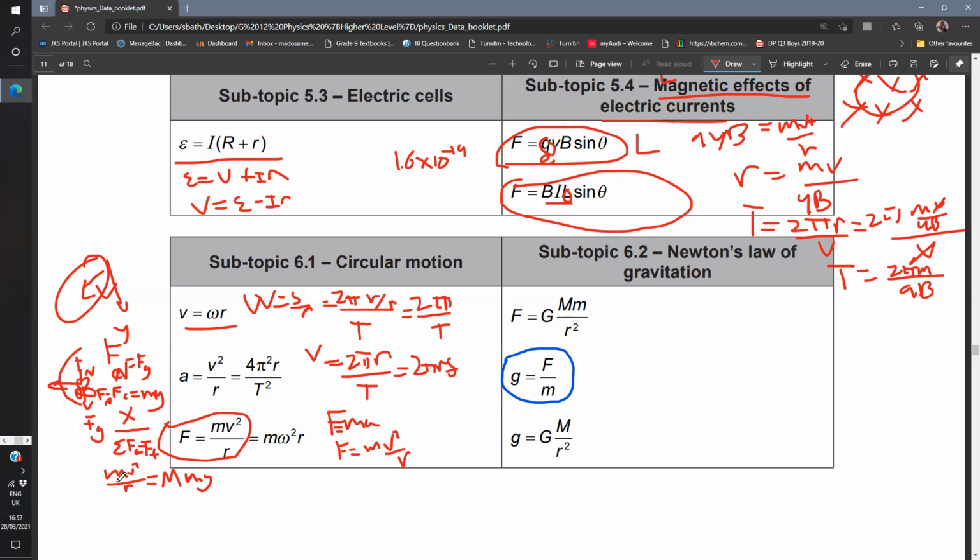So next, what you want to do is go on and cancel the two m's. v squared is equal to, so let's say this one is equal to mu g.